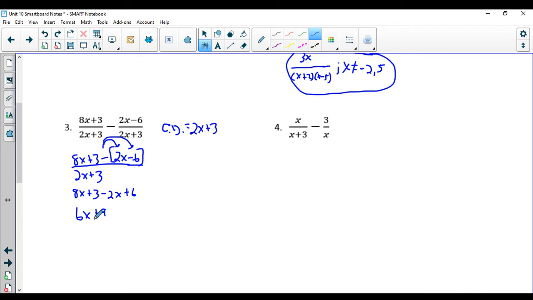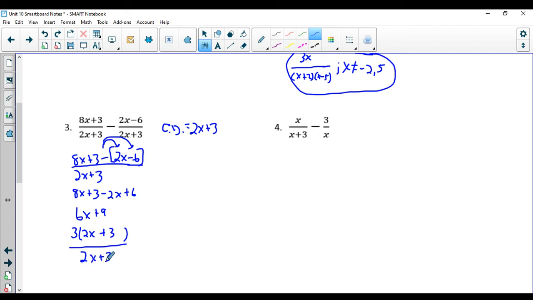And then I look to factor. What can I factor in this particular problem? In this case, I have a GCF, and the GCF is going to be 3. So the top is going to factor as 3 in front. And when I divide each term by 3, 6x divided by 3 is 2x. 9 divided by 3 is 3.